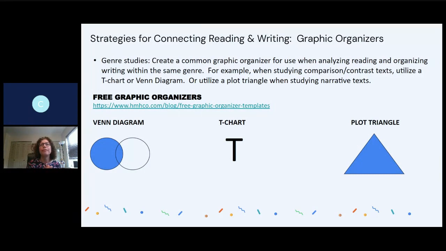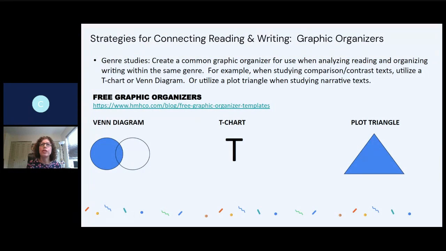So thinking about mental structures in the students' minds, if you can create a mental structure that crosses over both reading and writing, that will help to solidify that learning in the student's mind. So let's say, for example, you did a genre study and you created a common graphic organizer for use when analyzing reading and organizing writing within that same genre.